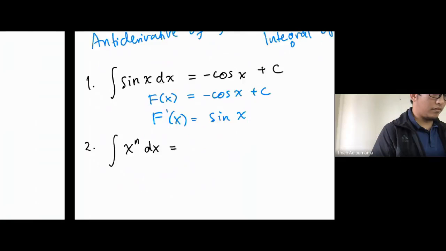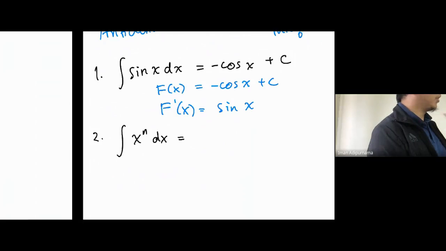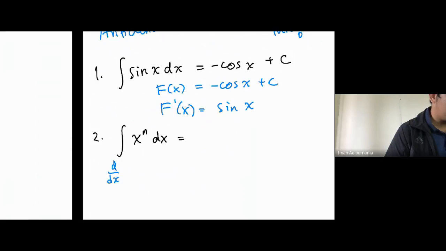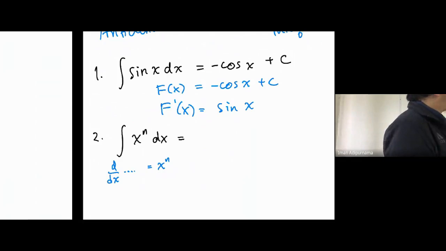So the idea of integrations, before we use any technique to integrate, we start from any functions that you think are easy to differentiate, and let's think backwards first. So the idea is you have d/dx of something that makes x to the power of n. Because in the derivative, you should have the minus 1, right?